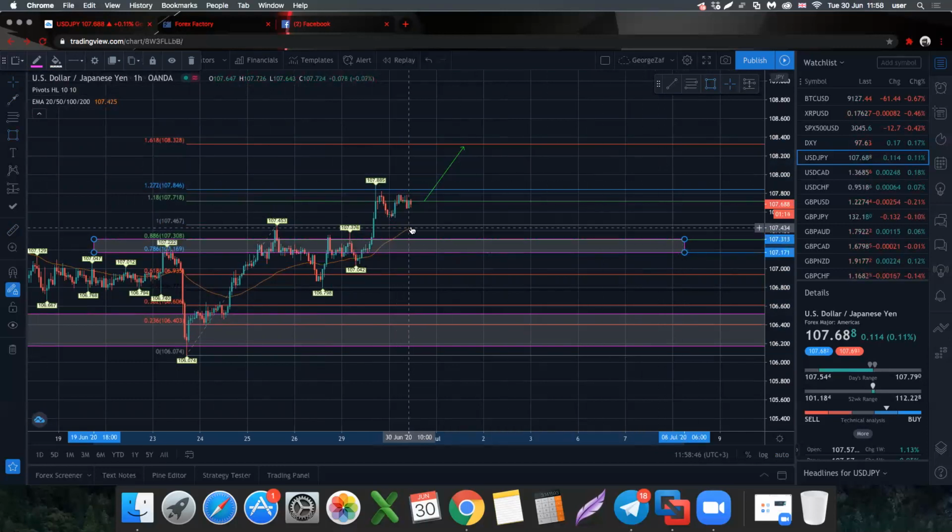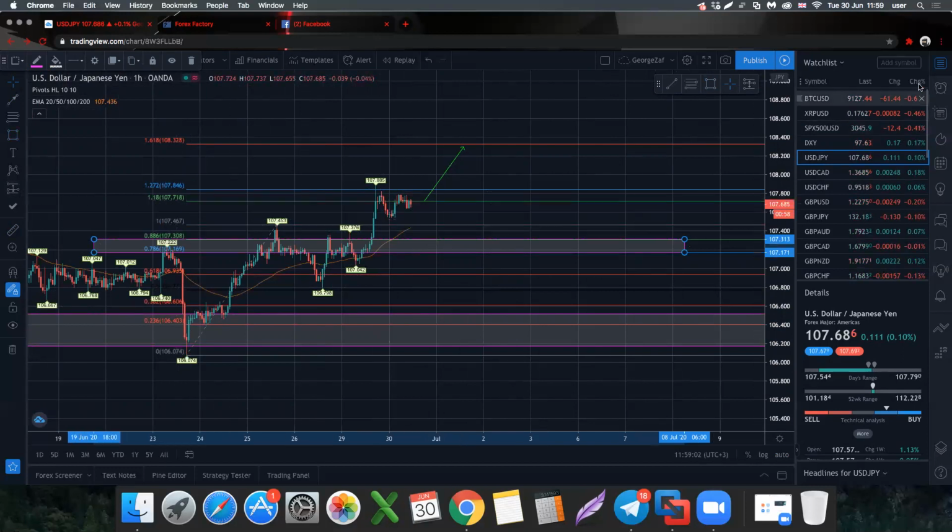Why? Because if the market reverses and the price goes below the EMA, probably it will start a downtrend. So I prefer to put the stop loss here.